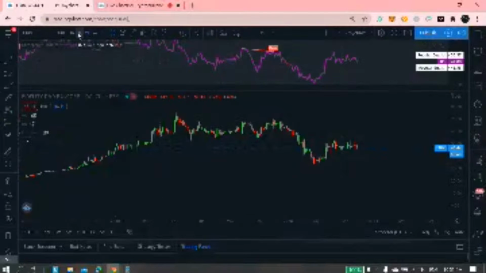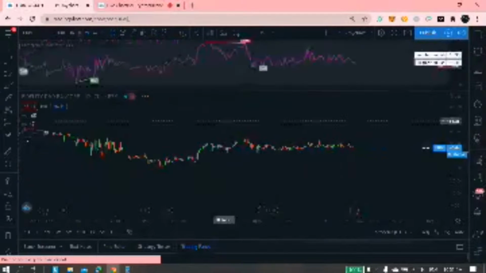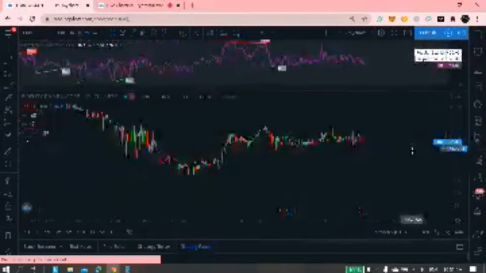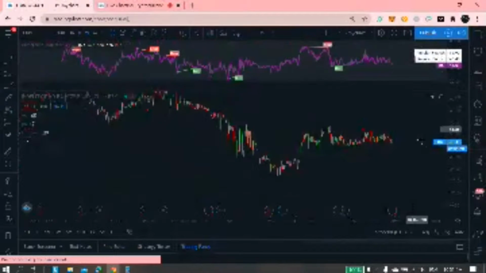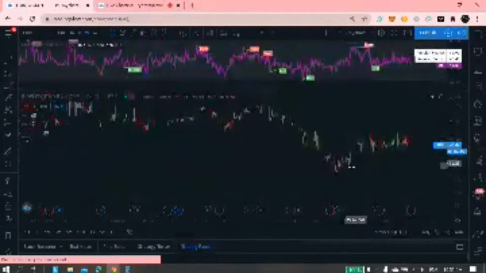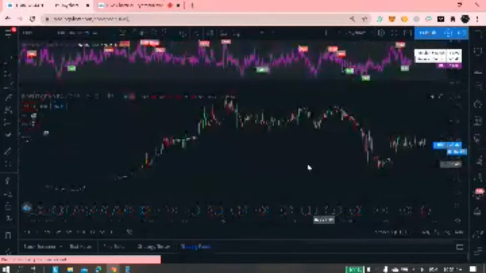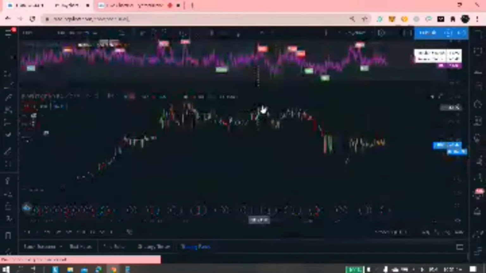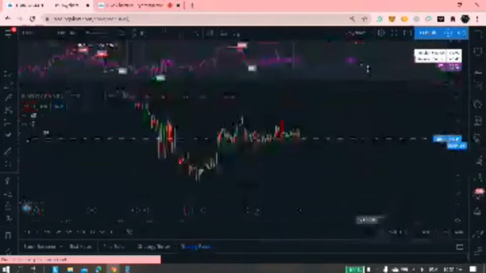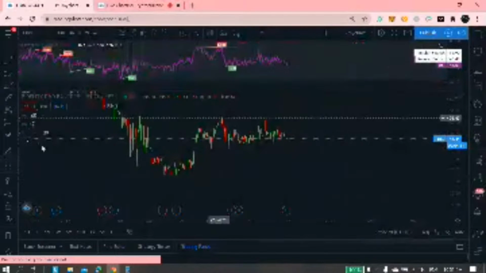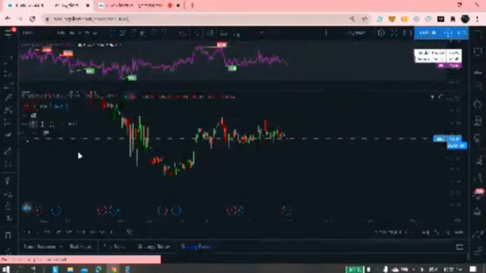Oh, I mean this is weekly. Let's move to daily time frame. Sorry. The strong resistance at around 70 area. This one. Let's add this one.